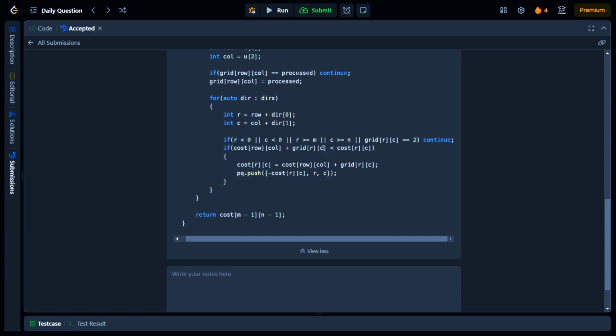If there is 0, the cost is going to be 0, and if there is a 1, that is an obstacle, we have to remove it. So this adds a cost of 1.